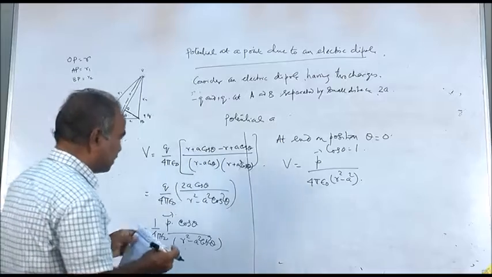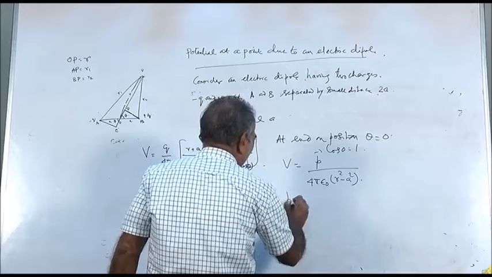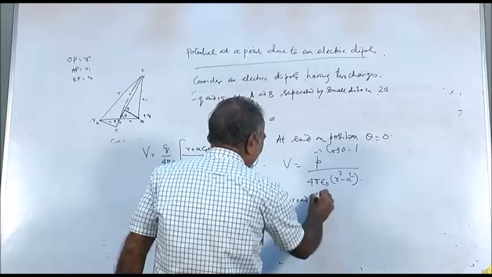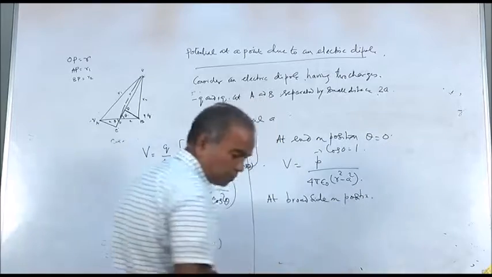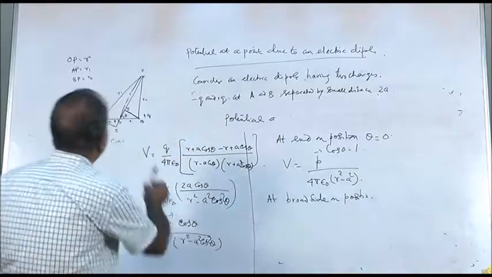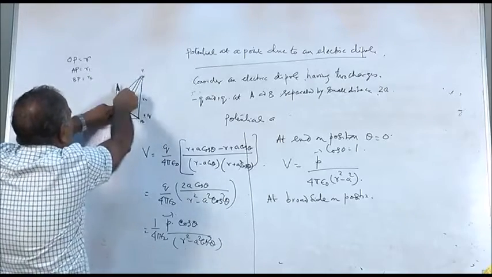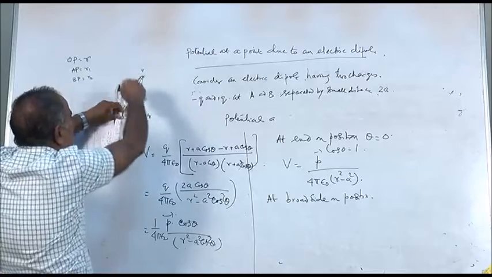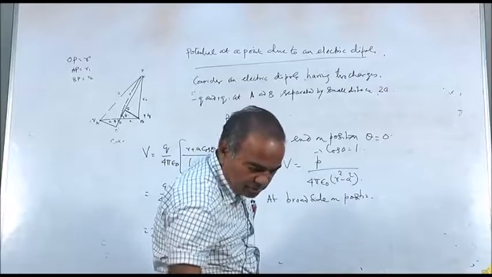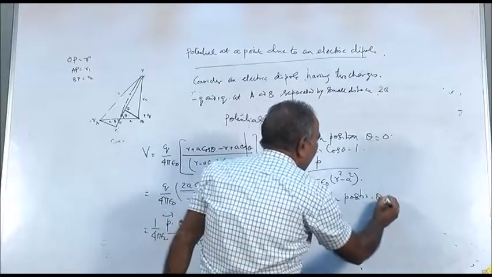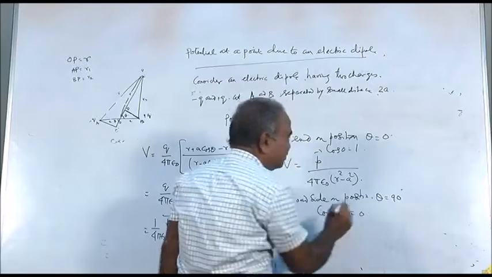And similarly at the broadside on position, which means any point on this perpendicular bisector line, this angle is 90 degrees. So theta is equal to 90 degrees, and cos 90 is equal to 0.